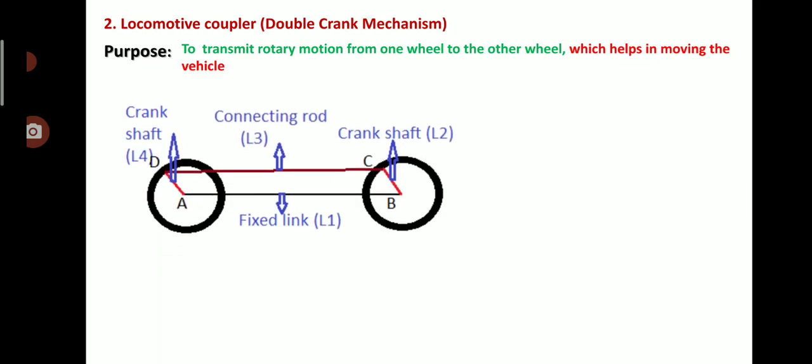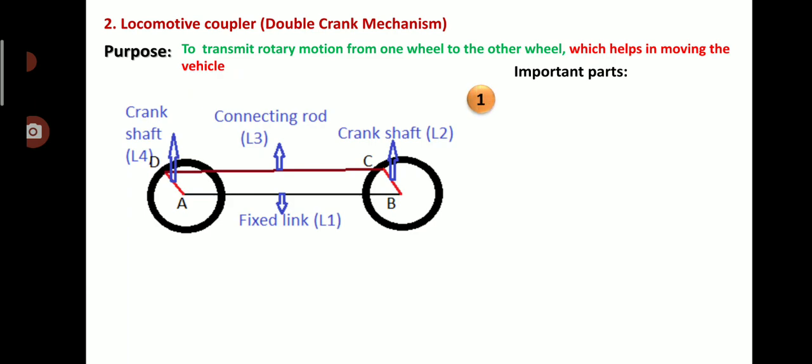So this is a sketch of a locomotive coupler. You will see all the components: the fixed link L1, crankshaft L2, connecting rod L3 and crankshaft L4. So there are 2 crankshafts, one connecting rod and one fixed link.